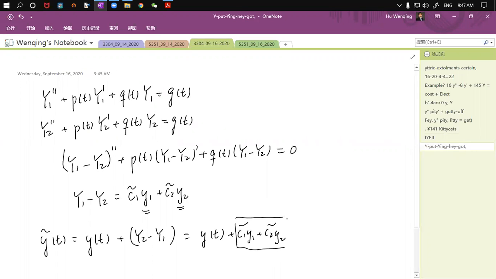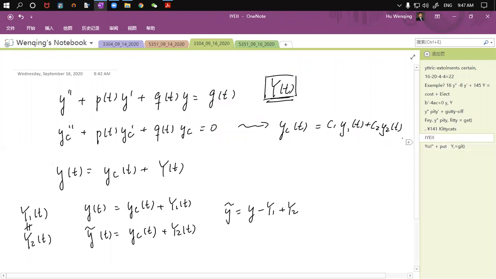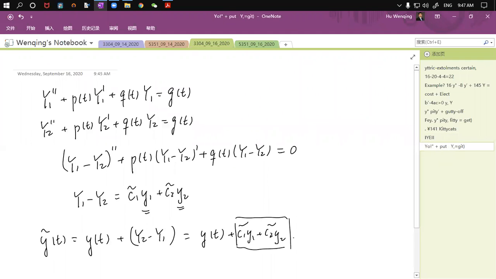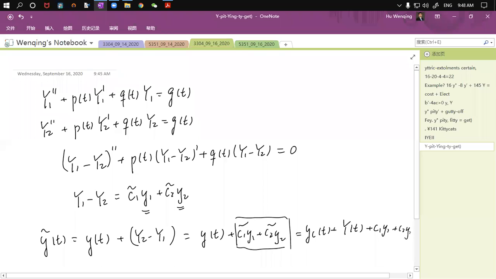This is actually complementary. Right, so if it is complementary, it doesn't really matter, because this is nothing but yc of t plus the particular solution for the first one. The first person found this particular solution, and then c1 y1 plus c2 y2 is going to be a complementary solution.